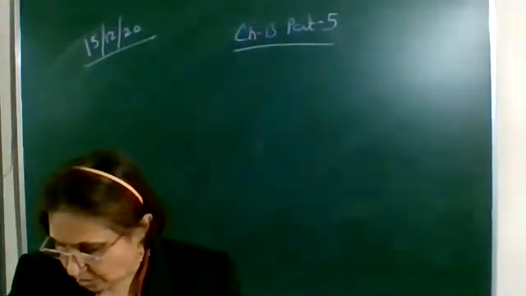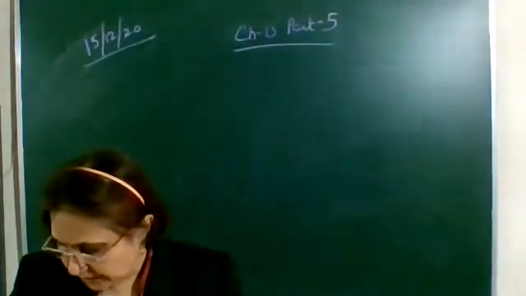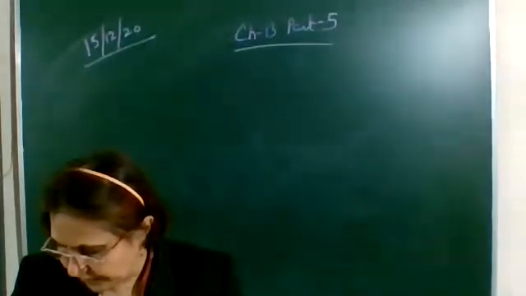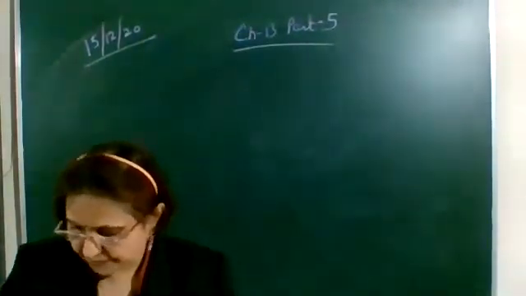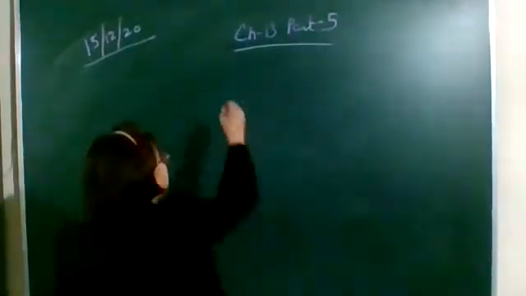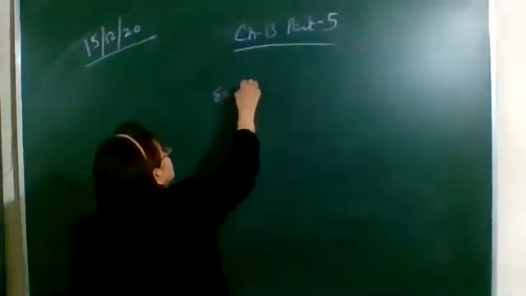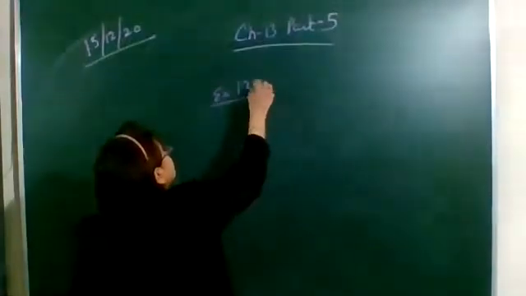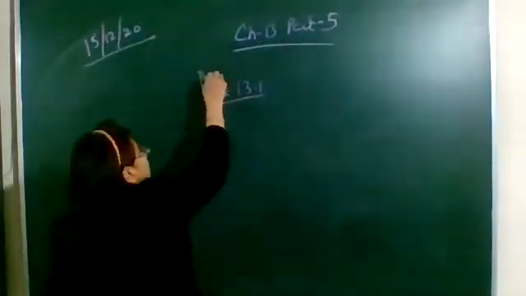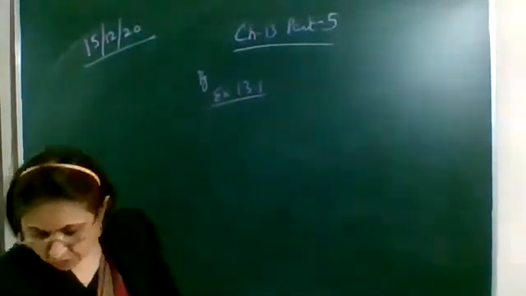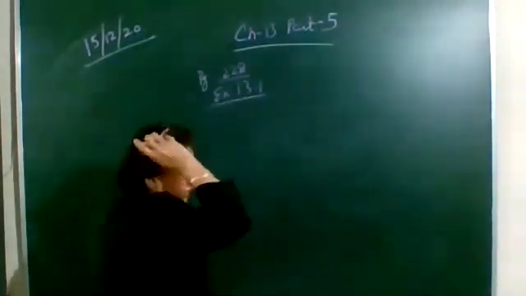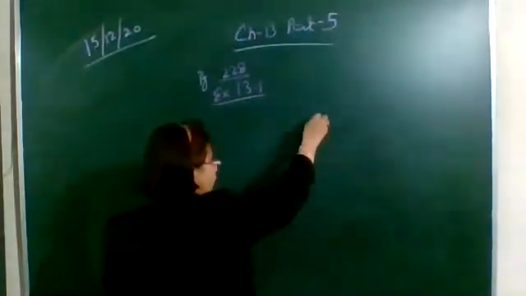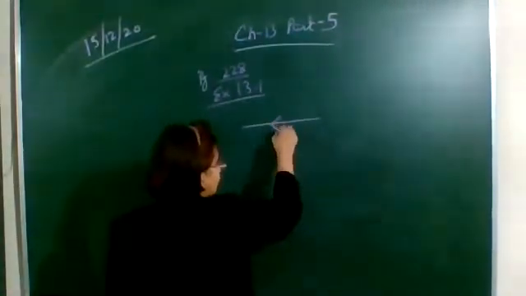Now there is one question on page number 228, solved example 13.1. A current through a horizontal power line is flowing from east to west. Current flows from east to west.